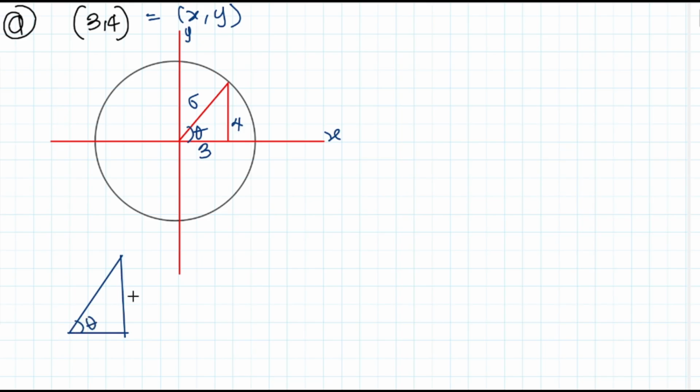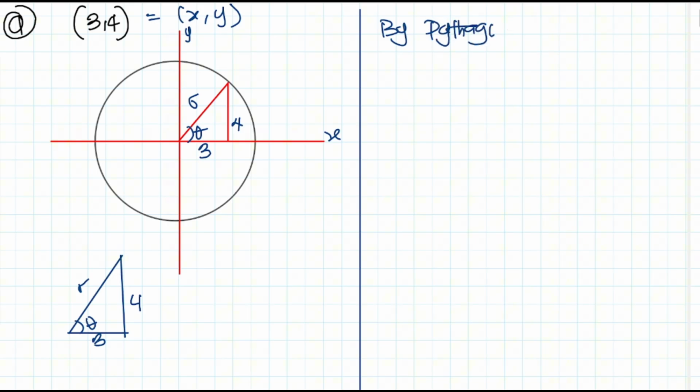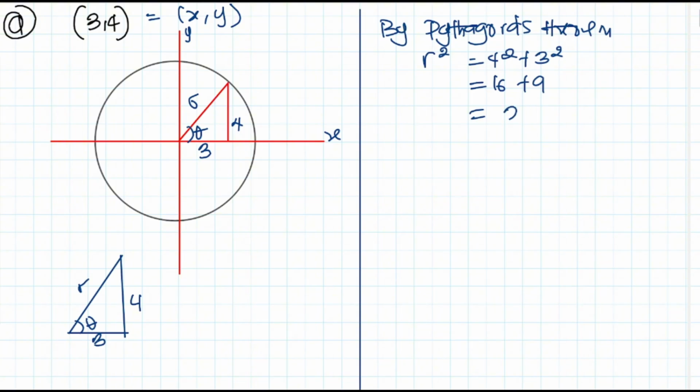So this is theta, 4, 3, and r. We need to use the Pythagoras theorem now to find the value of r. By Pythagoras theorem, we have r squared equals 4 squared plus 3 squared, which is 16 plus 9, which is 25.